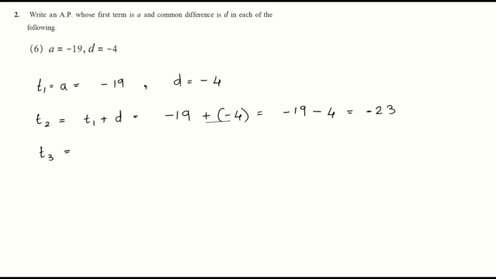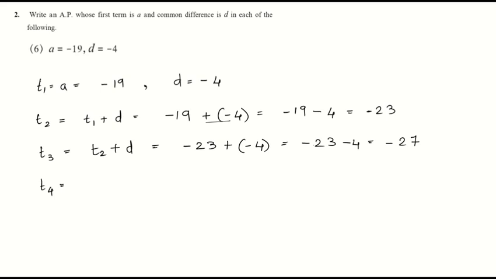Let's find out T3. The second term plus the common difference is equal to: second term we have minus 23, plus the common difference minus 4. So we have minus 23 minus 4. We will get minus 27. Minus into minus is plus, sign of the bigger number.